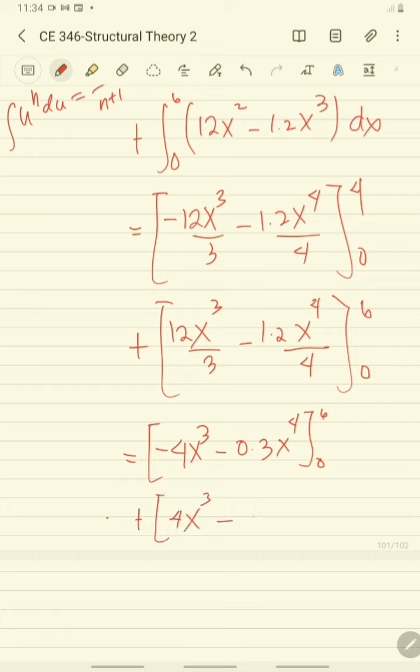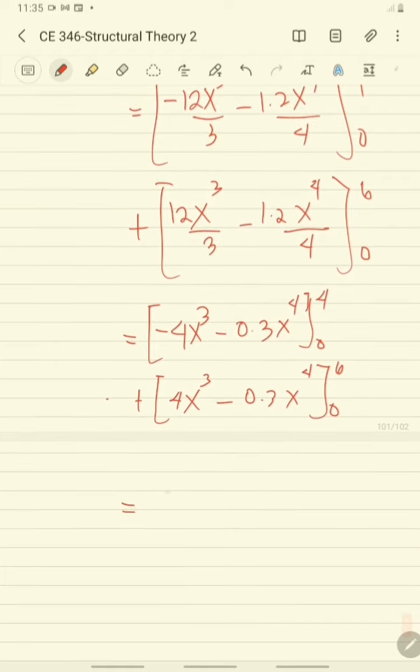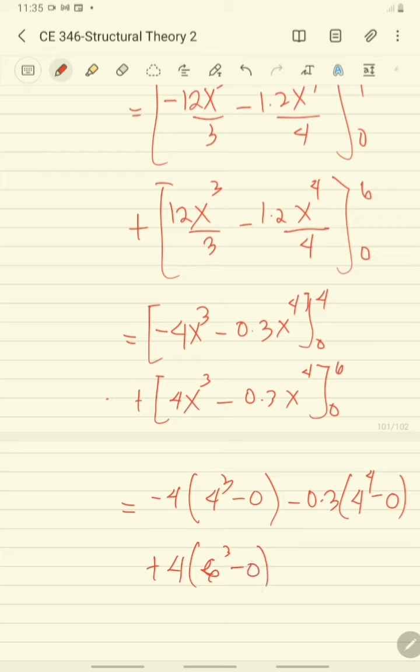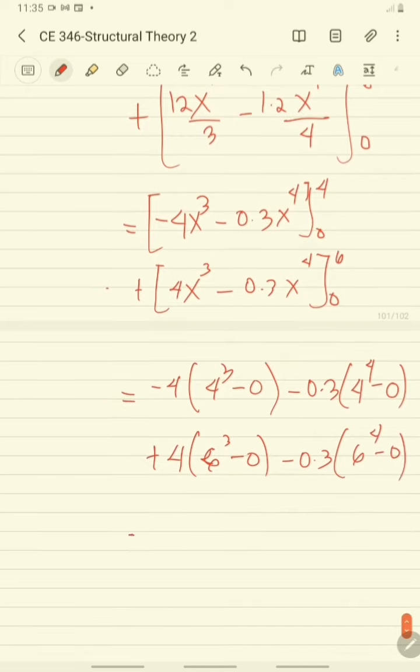So we can have negative 4 times 4 cubed minus 0 minus 0.3 times 4 to the 4th, plus 4 times 6 cubed minus 0 minus 0.3 times 6 to the 4th minus 0. So we can simplify this one. So we have negative 4 times 4 cubed, so it can be 4 to the 4th.